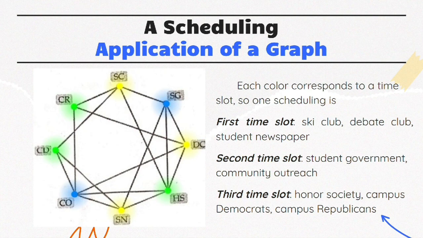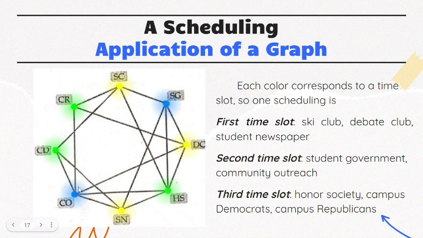So the scheduling would be: for the first time slot, the Sky Club, Debate Club, and Student Newspaper could schedule a meeting. For the second time slot, it would be the student government and the community outreach.